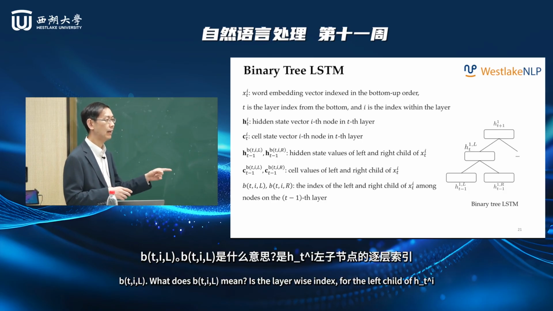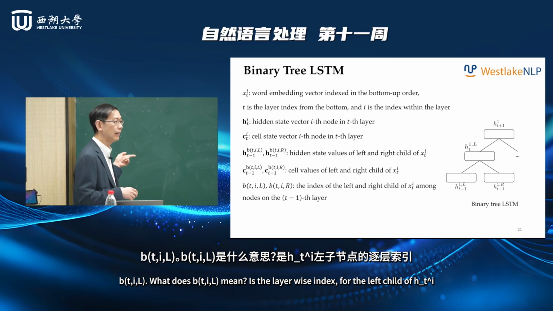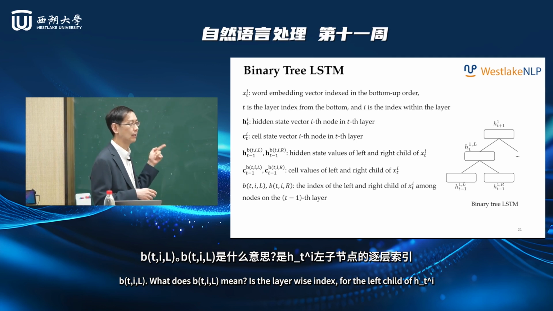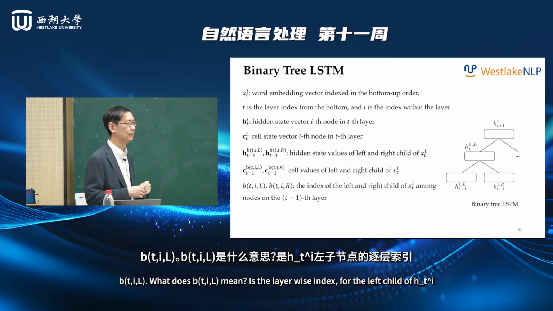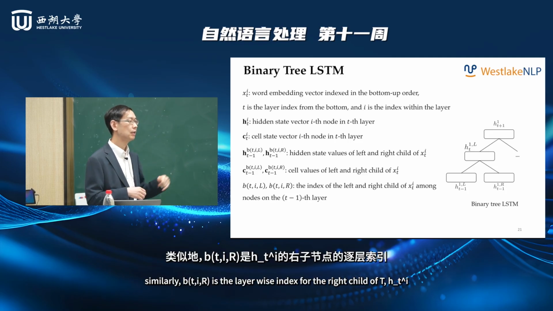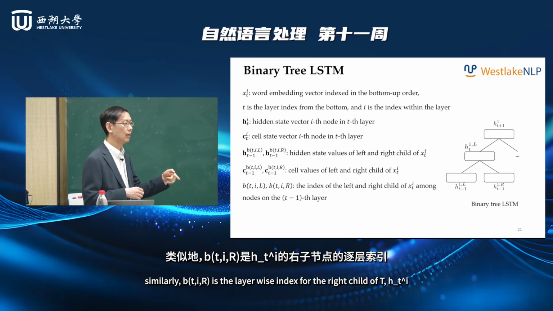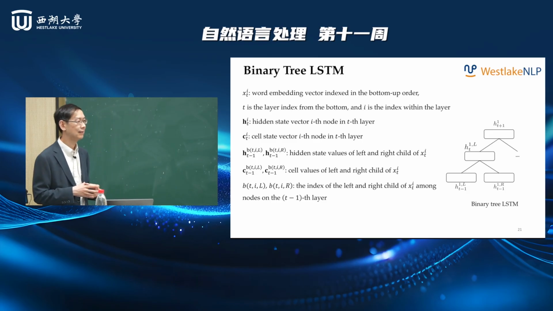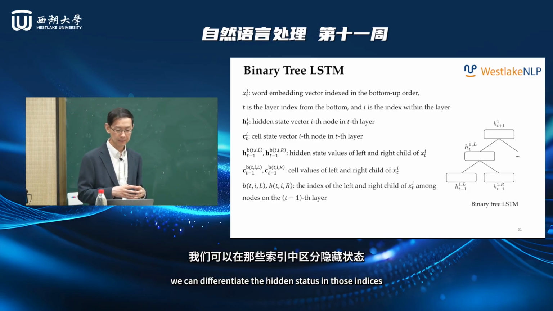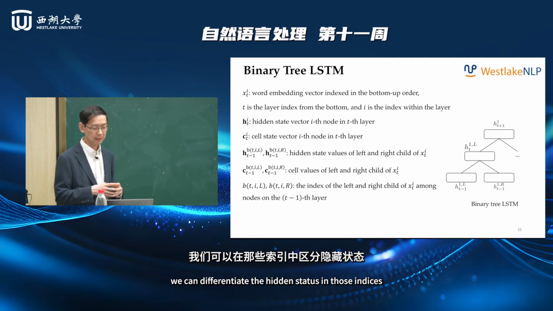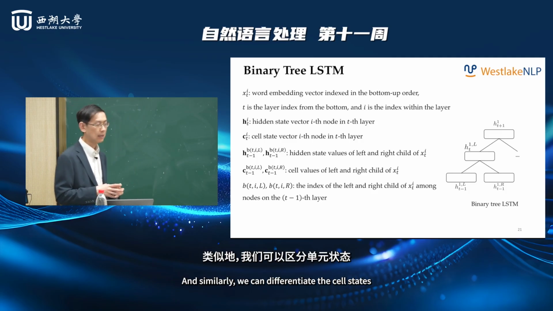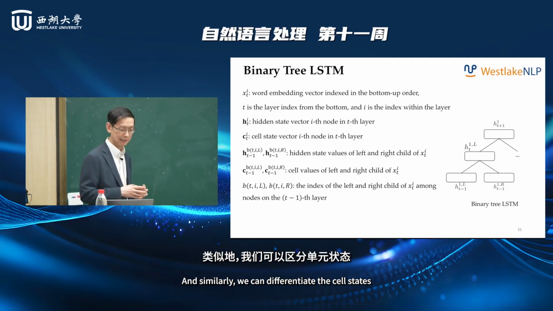What does b_{t,i}^L mean? It's the layer-wise index for the left child of h_{t,i}. Similarly, b_{t,i}^R is the layer-wise index for the right child of h_{t,i}. So we can differentiate the hidden states using those indices, and similarly, we can differentiate the cell states.